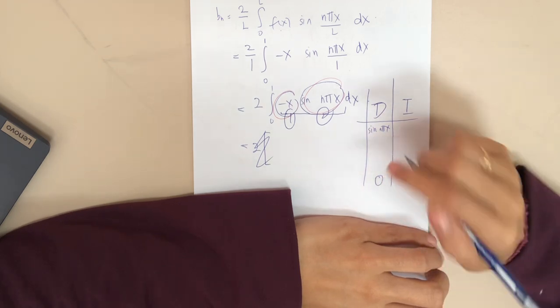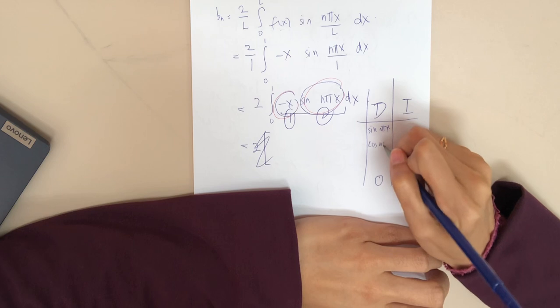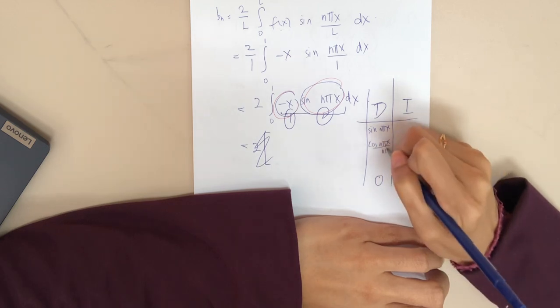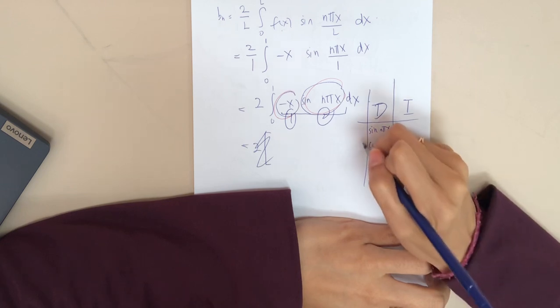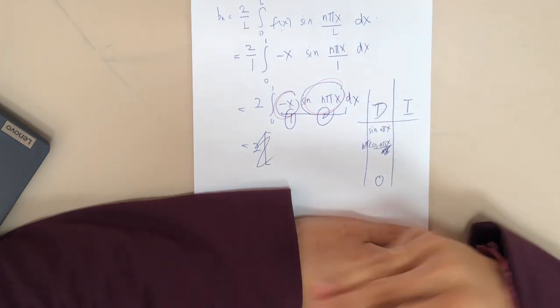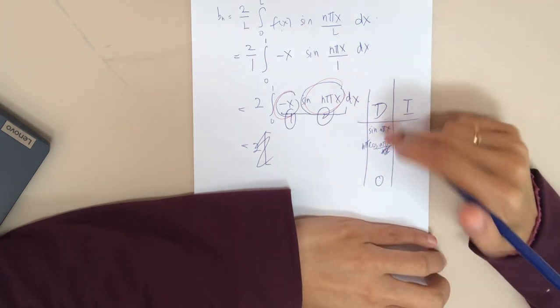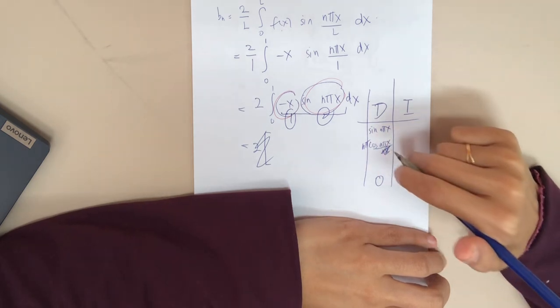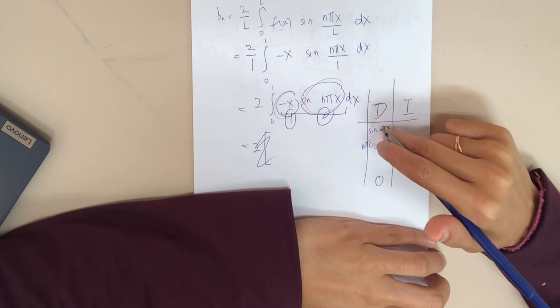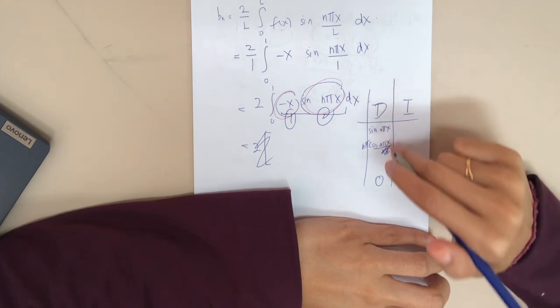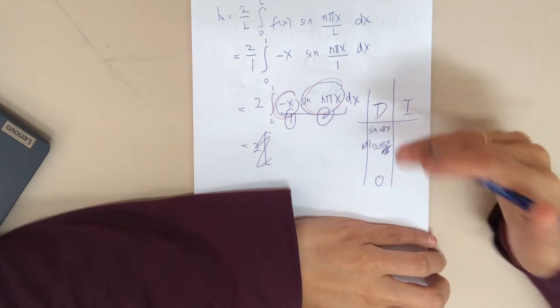Okay, this one is differentiation. After you differentiate sine, you get cos. Then you differentiate again because you still have a value. You have to stop until you reach 0, baru you boleh stop. So selagi tak dapat kosong, you need to differentiate again.